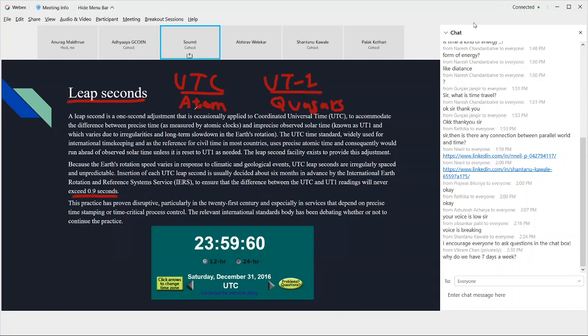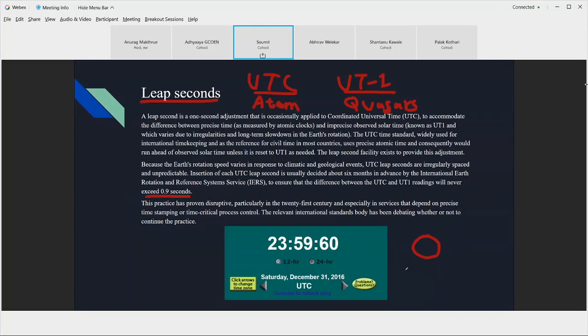First they calibrated UT time with UTC time. But eventually we noticed that our planet is not rotating at the same velocity consistently. Let's say this is Earth, and it should rotate every 24 hours.